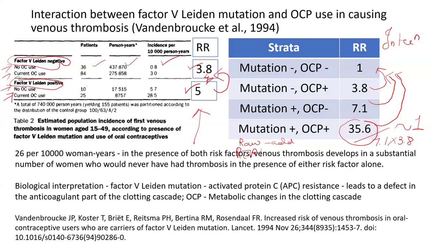And that is the reason I told you that in your studies, you should report both multiplicative and additive, because this number of 26 per 10,000 women, or even your RERI synergy, will tell you that there is a super additive interaction in this association. And then your recommendations will change.